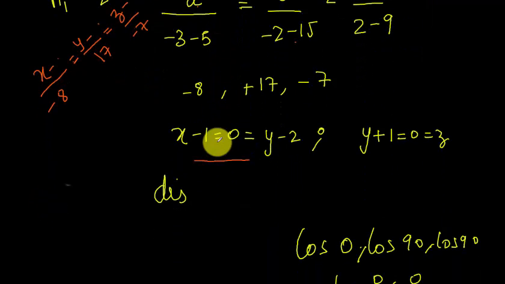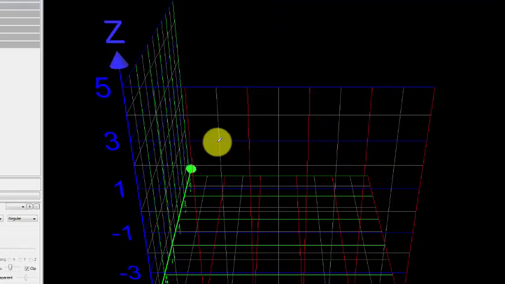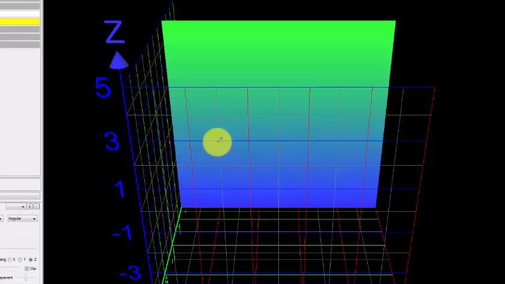So let's now find out how these particular planes look on the 3-dimensional graph. So I had x equal to 1 and y equal to 2, correct? X equal to 1 and y equal to 2. X equal to 1 has not been drawn. Yeah, there.